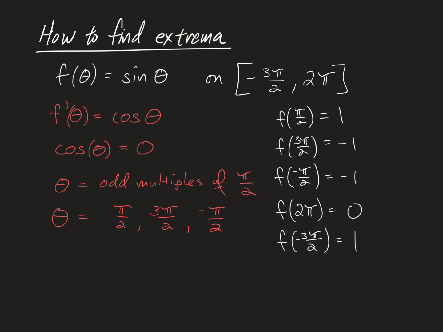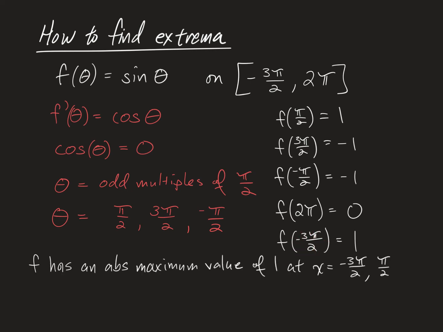Which one is the absolute max and which one is the absolute min? Well, it turns out there is an absolute max of 1 for function f at x equals pi over 2 and x equals negative 3 pi over 2.